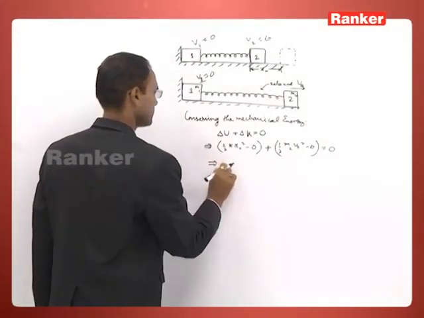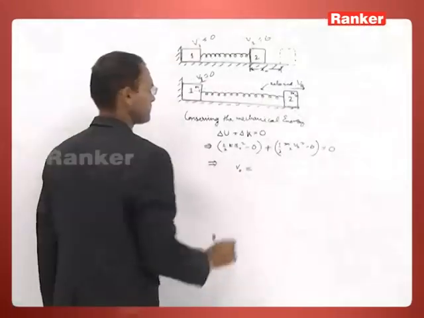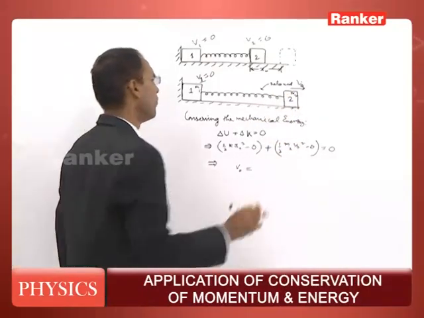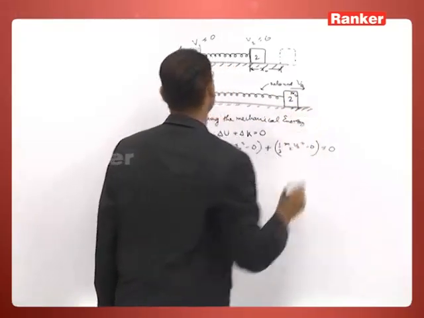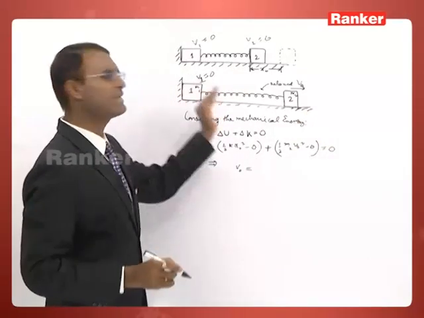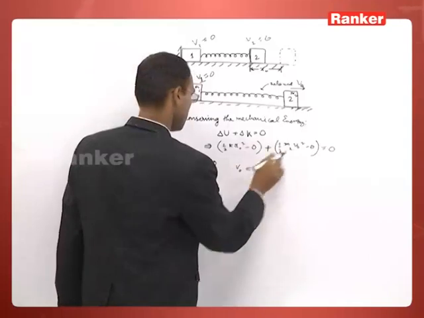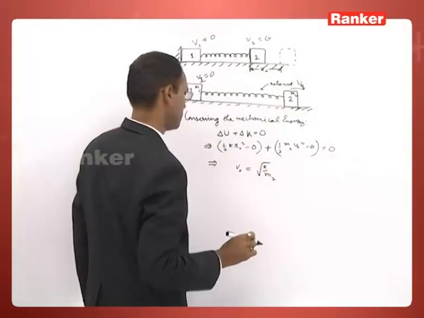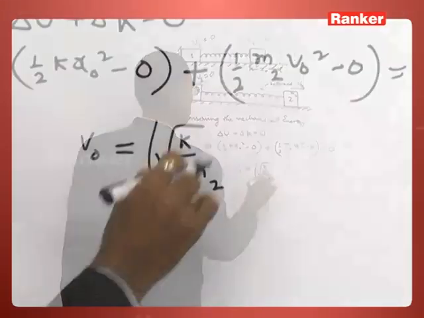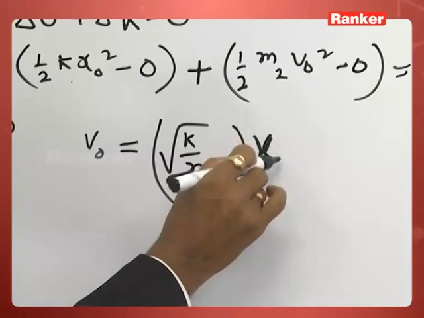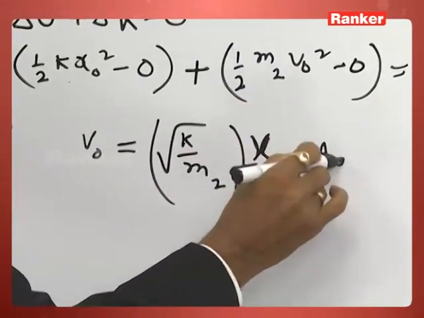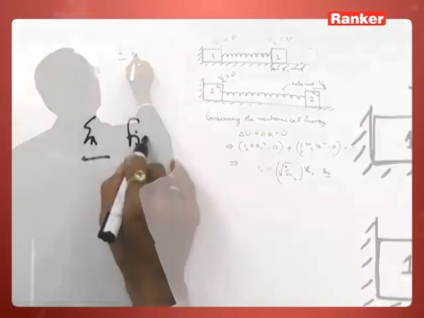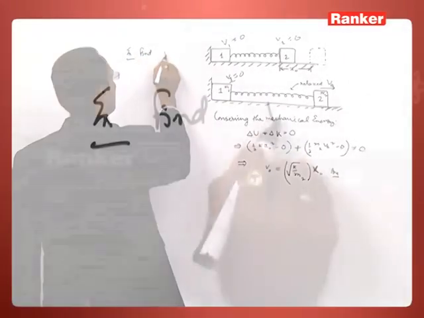This gives us the velocity with which block 2 will move when block 1 is about to lose contact with the vertical wall. This velocity is equal to square root of k by m2 into x naught. Find v naught.